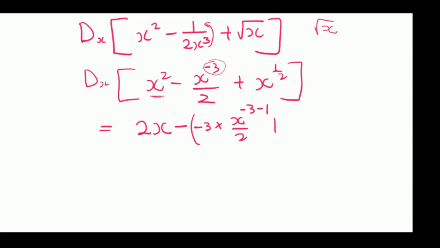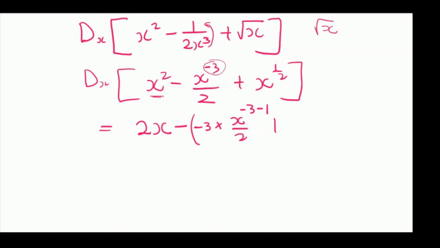And then we'll have 2x plus, so we can't leave it like this since the exponents are negative, so we need to make sure that the exponents are positive, so we need to drop this expression down. So it's going to be 3 over 2 x to the power of 4 plus, so there's 1 over 2 here, so it will remain, and then we drop this expression down, so it's going to be 2x to the power of 1 over 2 like this, right?